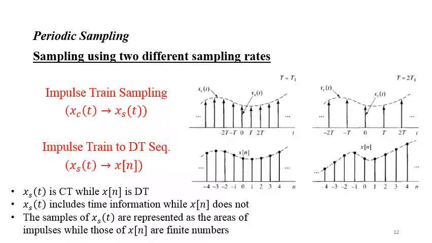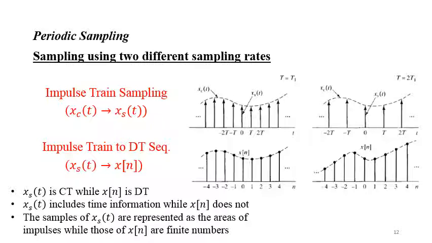If I multiply with that one, I'll get these impulses, which are represented by the arrows. This is now your xs(t). It contains a sample at 0, then another sample at T, then 2T, 3T, 4T, and so on. Similarly, you have samples at -T, -2T, and so on. T is the sampling interval or sampling time.